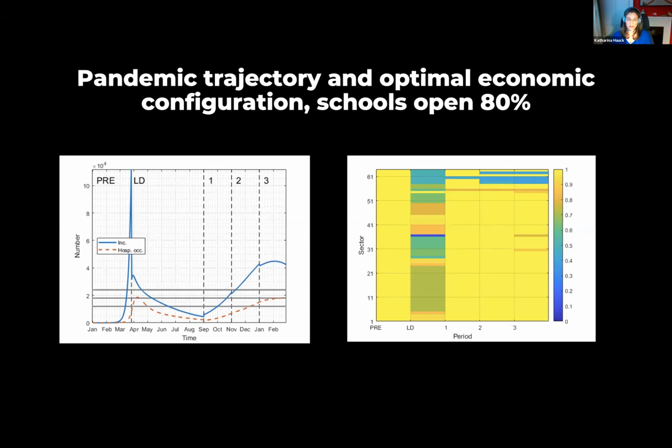So this is the model that constrains hospitalizations at 18,000 beds, our medium scenario. And you can see the pattern that the dynamics of the pandemic is taken by the selective closure and opening of sectors as we move through. On the right side, you can see the economic configurations, and all sectors are lined up basically from the bottom to the top, all 63 sectors in our model.